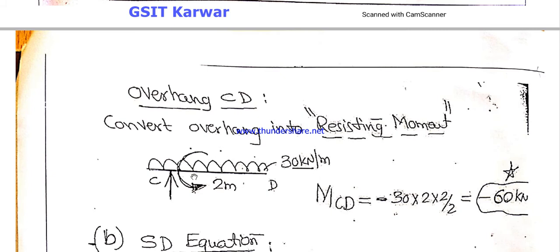That means if you convert this UDL to a point load, it will act at the exact center, that means from C it will be 1 meter. That is the reason we used minus 30 into 2 multiplied by 2 by 2, and we are getting the answer minus 60 kilonewton meter. Note down this answer.